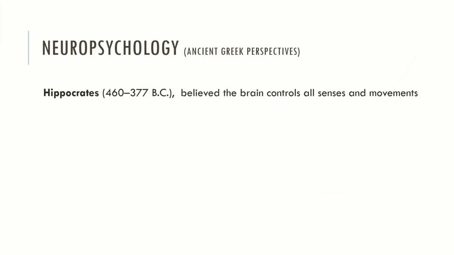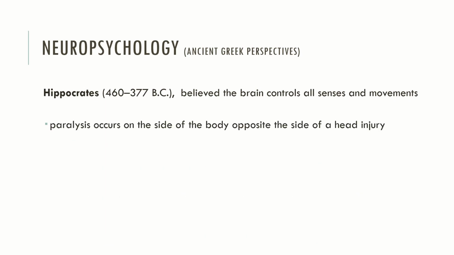So, another very well-known ancient Greek, Hippocrates, the father of modern medicine, also believed that the brain controls all senses and movements. He studied some patients where paralysis occurred on the side of the body opposite to the side of the head injury.